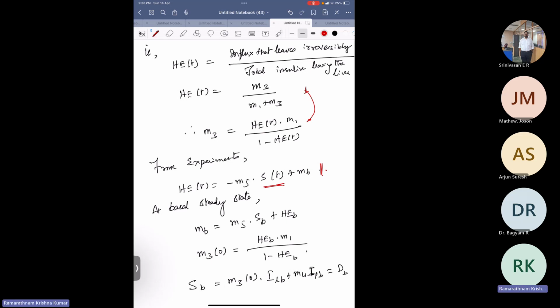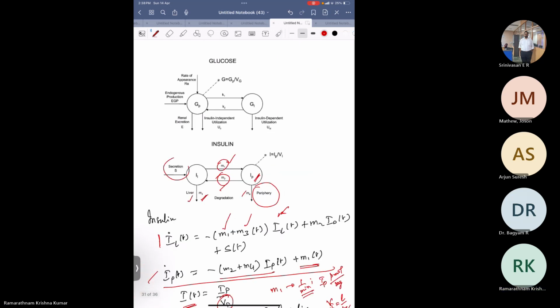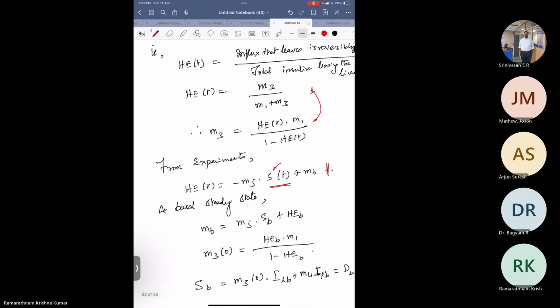So HE is equal to minus M5 into SFT plus M6. SFT is secretion, remember that, plus M6. So M6 is another constant that comes out because of this extraction. If I know M3 directly, I can put it, but more physiology says that it depends upon SFT as well as M6.